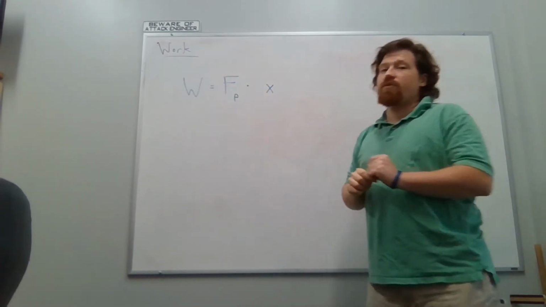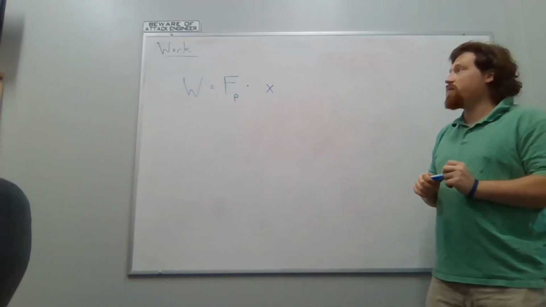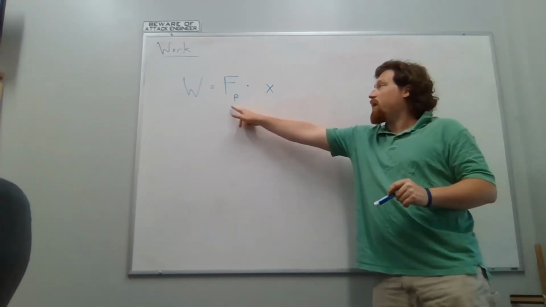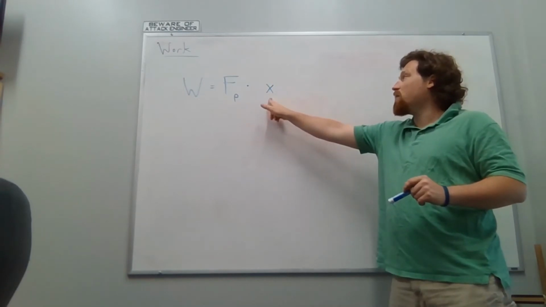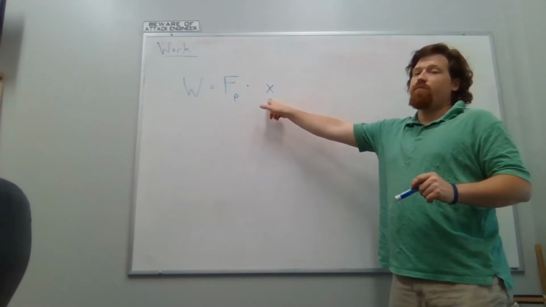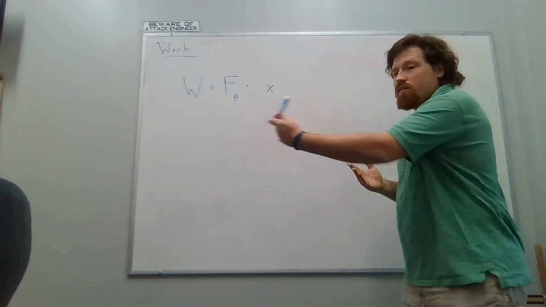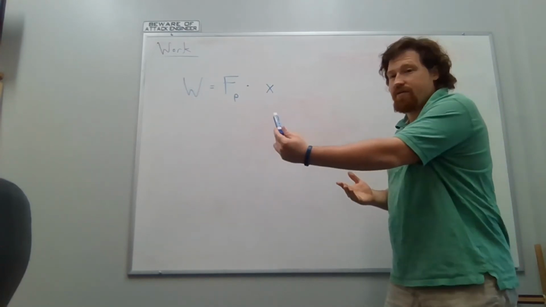And what that p represents is parallel. That p tells us that this force has to be parallel to the displacement. And the definition of parallel means in parallel axes, the same axis.